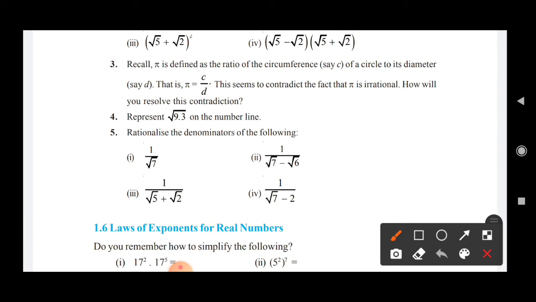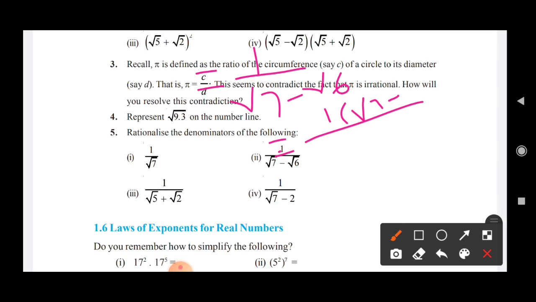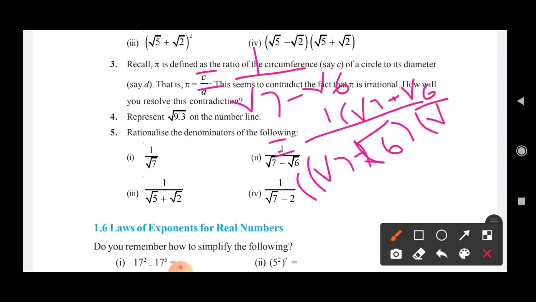So do this. 1 by root over 7 minus root over 6 is equal to 1 into root over 7 plus root over 6, and multiply this root over 7 minus root over 6 whole into root over 7 plus root over 6.